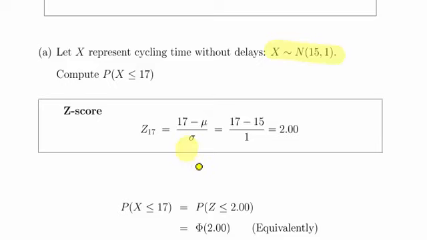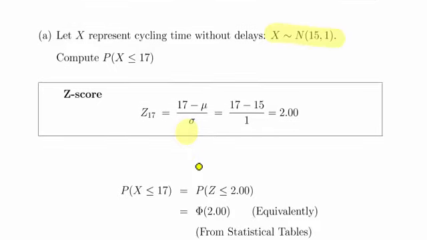So that is 17 minus 15 over 1. Remember, the square root of 1 is 1, so if the variance is 1, the standard deviation is 1. So we have 2 divided by 1, and that is 2. I'm going to write that to 2 decimal places because that fits with the statistical tables shortly. I always write a z-score to 2 decimal places, even if it's not absolutely necessary, just to be consistent.